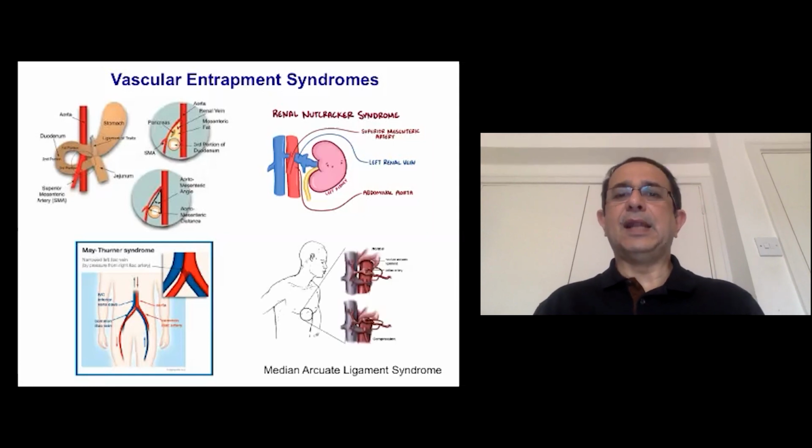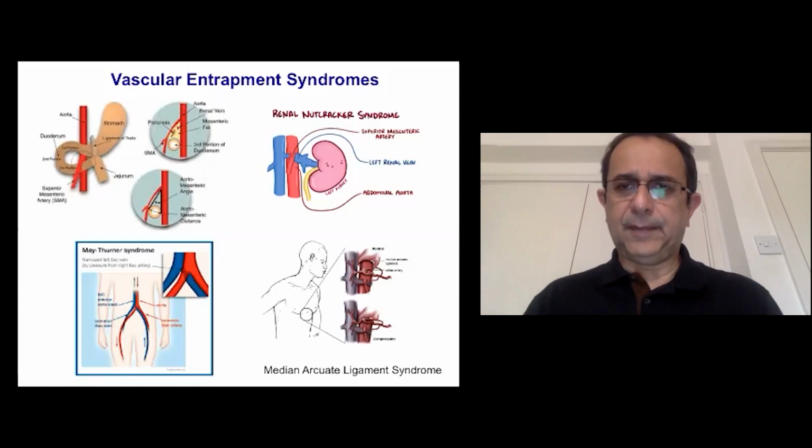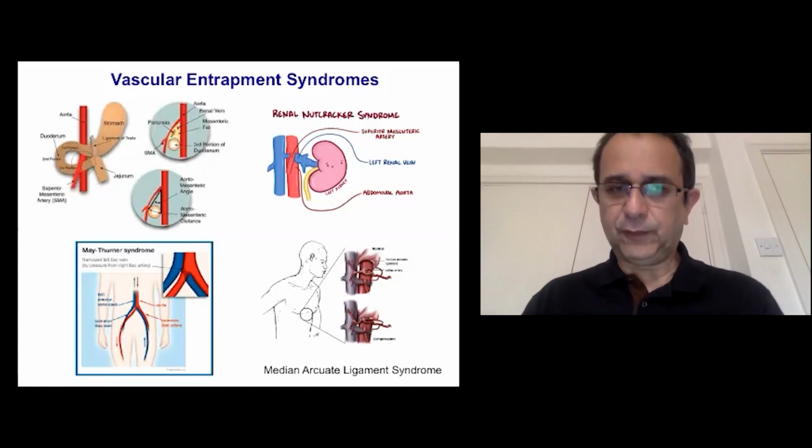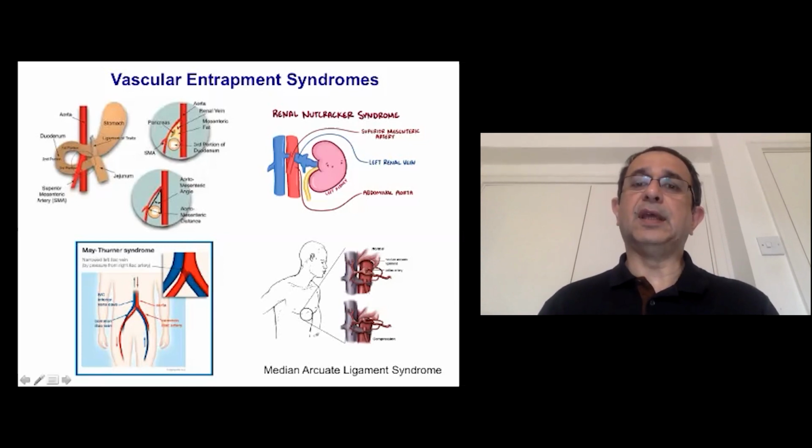And another condition called the median arcuate ligament syndrome. We have looked for it a lot, not found it very often, perhaps one patient that I've seen, but there are other colleagues who have reported this. So this is a ligament which sits just on the aorta as it comes down from the chest cavity into the tummy cavity.